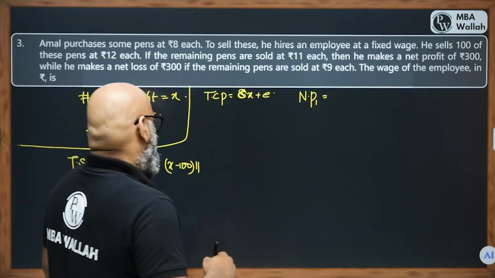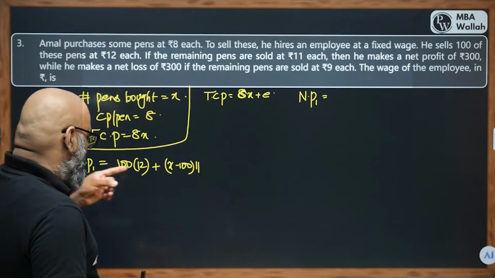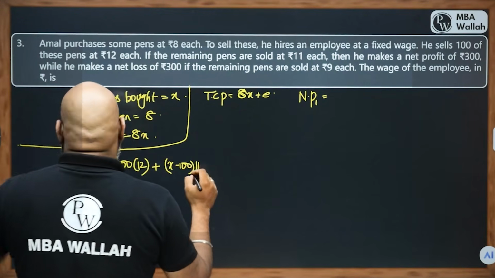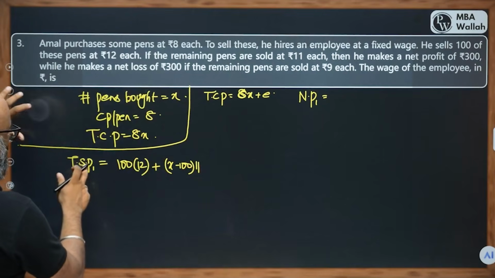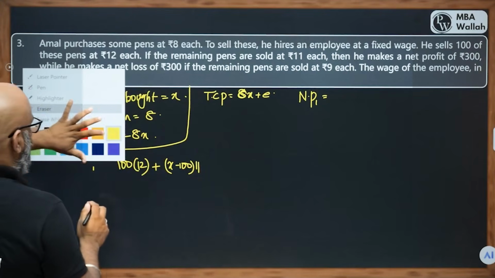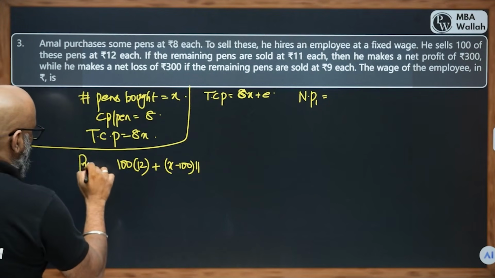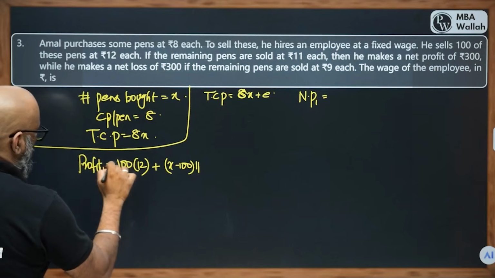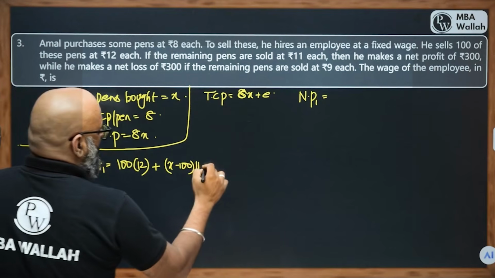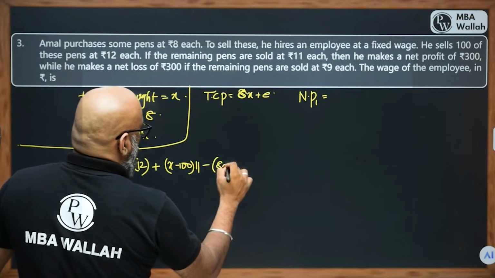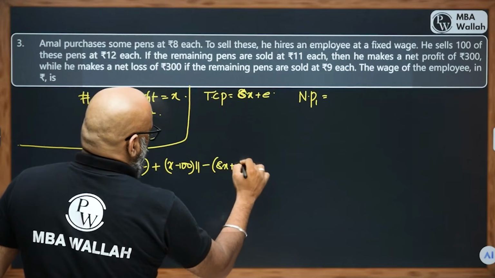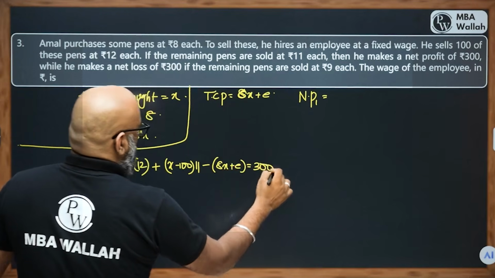Profit 1, from the first case, will be this value minus 8x plus E, which is equal to 300.